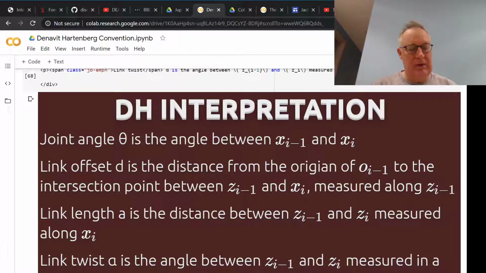So now let's have a look and see how we assign frames for kinematics using the Denavit-Hartenberg convention.